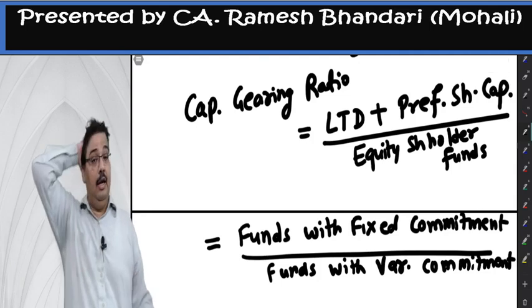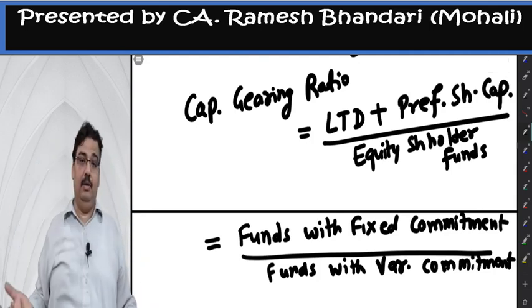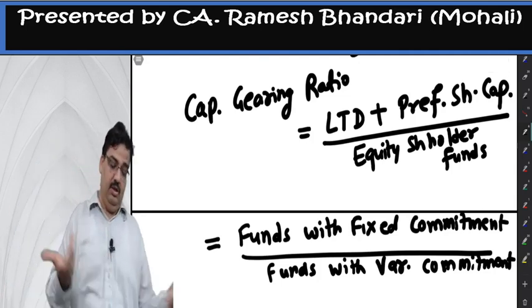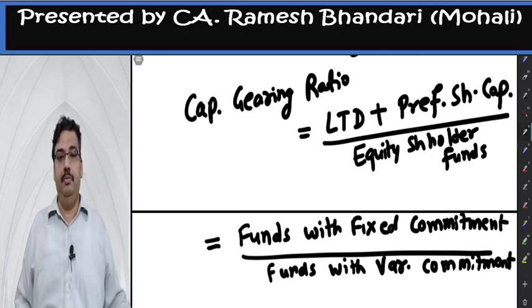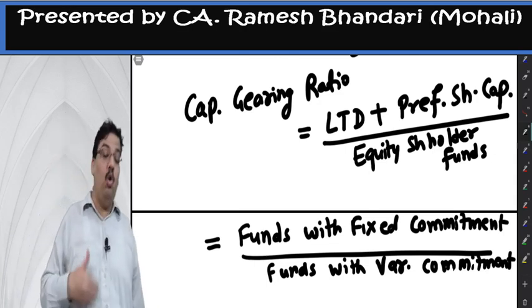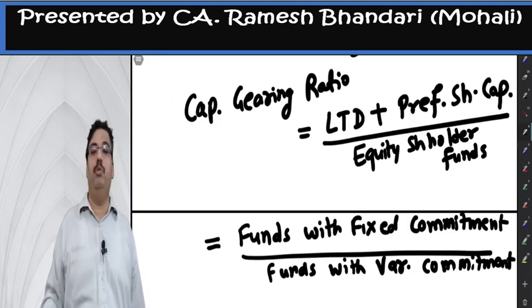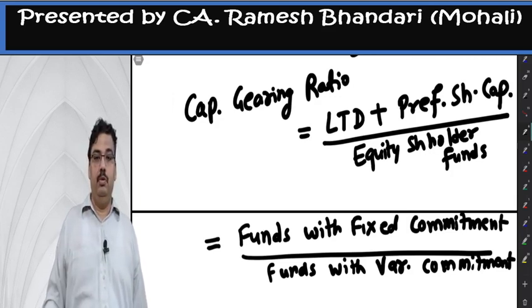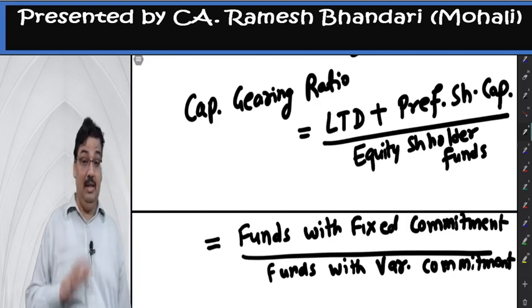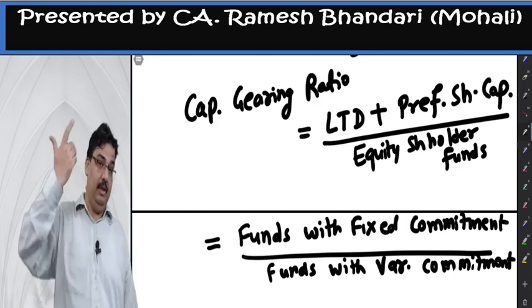Now, if you had treated preference share capital like loans, then this is just like the debt equity ratio. So, this is more relevant from a functional point of view. The leverage is really told by this capital gearing ratio, less by the debt equity ratio.